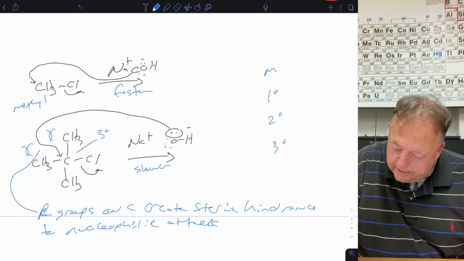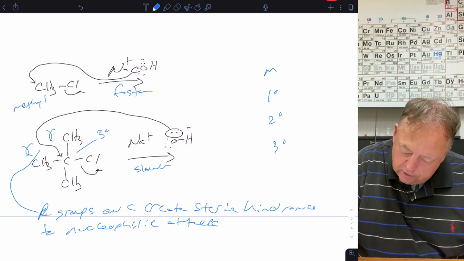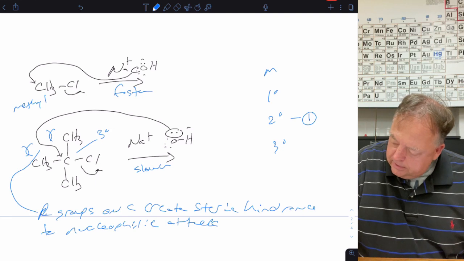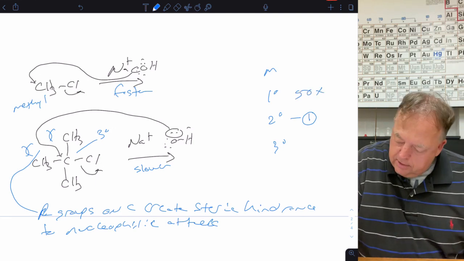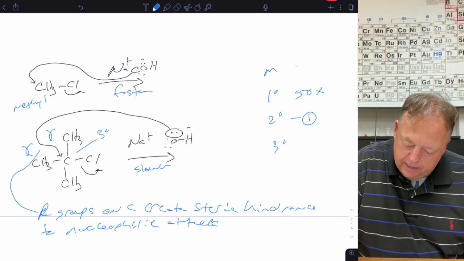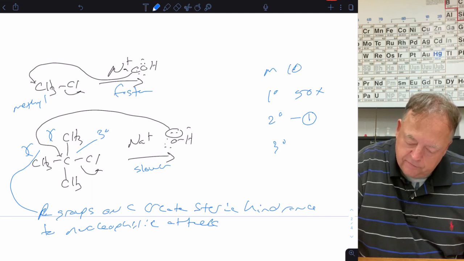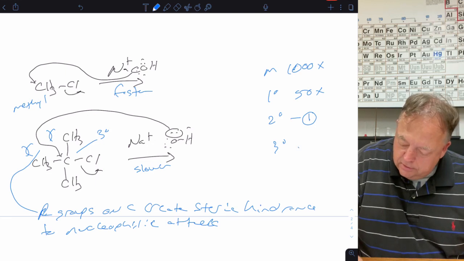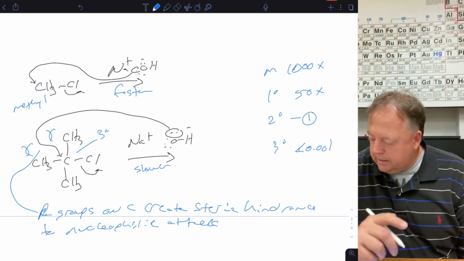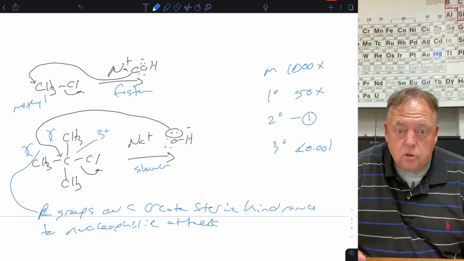So if we assign a rate of reaction for the secondary of 1, then primary alkyl halides react about 50 times faster, and methyl halides react about 1,000 times faster, and tertiary alkyl halides react about 1,000 times slower.